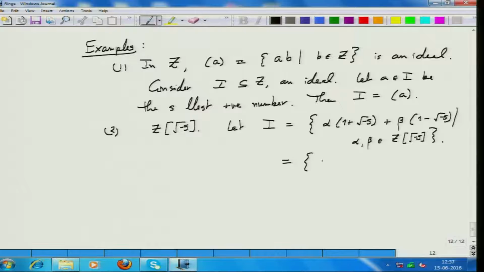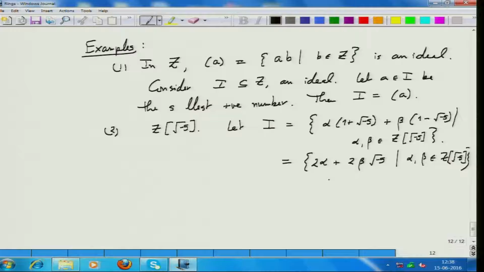We can write it also as 2 alpha plus 2 beta square root of minus 5 for alpha, beta in Z. Why? Because 2 alpha is in this. So we want to show that any element in this set is in this set and any element in this set is in this set.